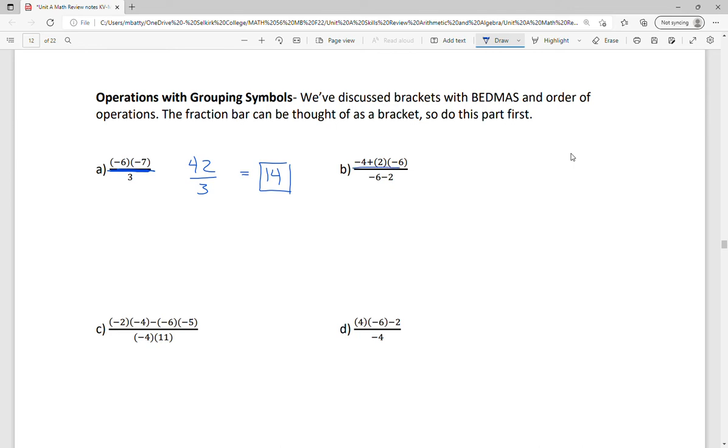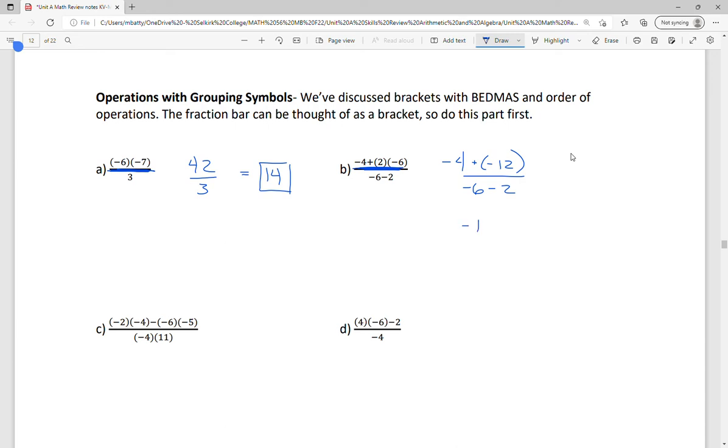Other ones have more going on. So again, prioritizing top and then bottom, right? The grouping sign of that big dividing line. I'd have negative 4 plus negative 12 all over negative 6 and negative 2. You can do more than one thing at a time, but I'm going to try and keep it slow.